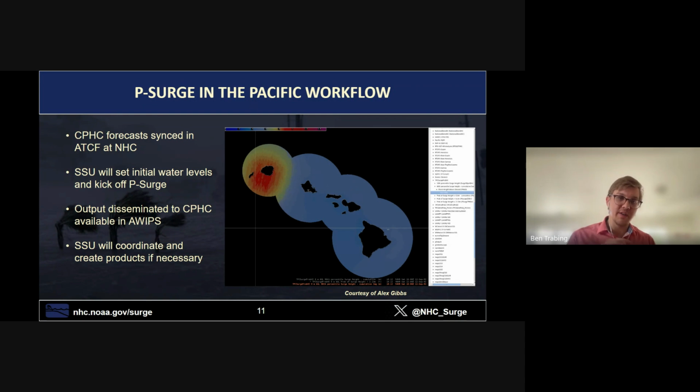So that will all be initialized from the storm surge unit. The output will then get disseminated to CPHC through their AWIPS, and we'll do some additional coordination there. And then the storm surge unit will be the one coordinating and creating any graphical products related to the storm surge, such as the inundation graphics and the peak water graphics. And all of that's really going to still be coming from the storm surge unit.